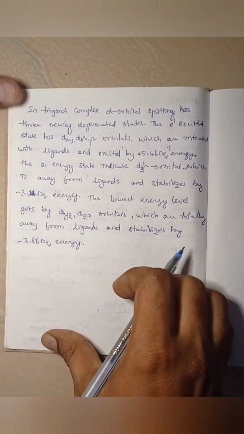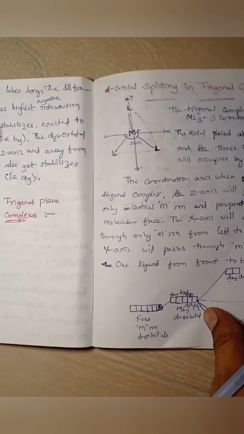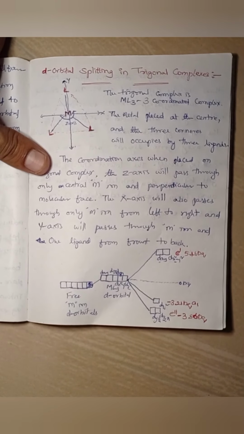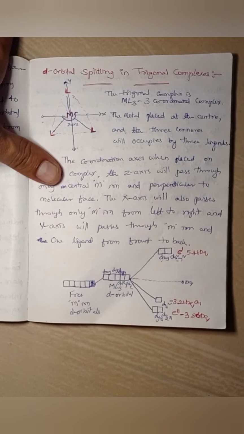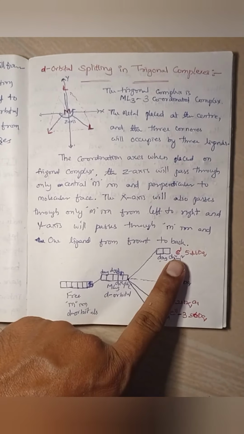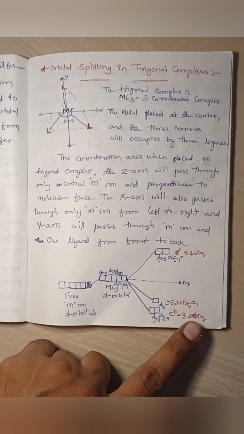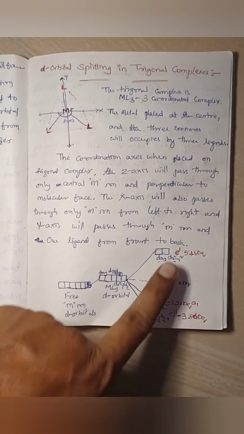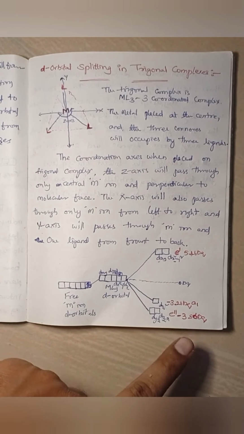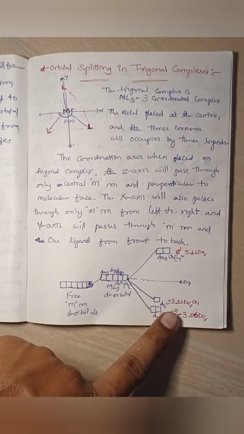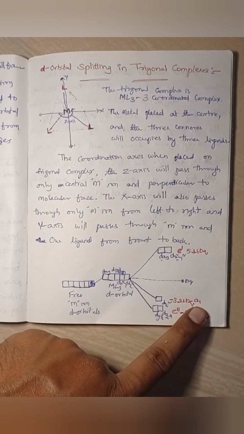Right. So that's how the three newly degenerate energy levels are generated in a trigonal complex. That is E bar, A1, E double bar. Right. The two doubly degenerate energy levels are indicated with E bar and E double bar, and one singly degenerate energy level is indicated with A1.